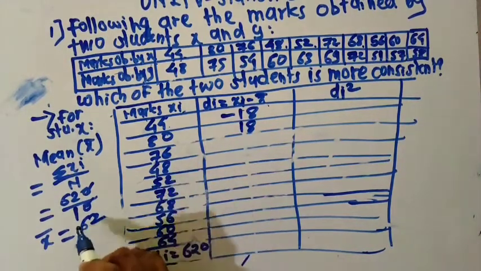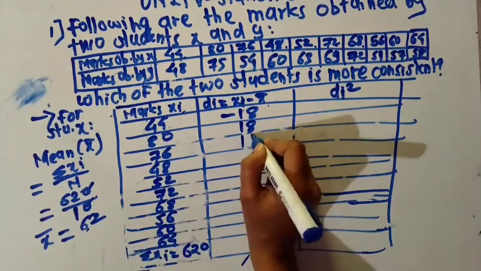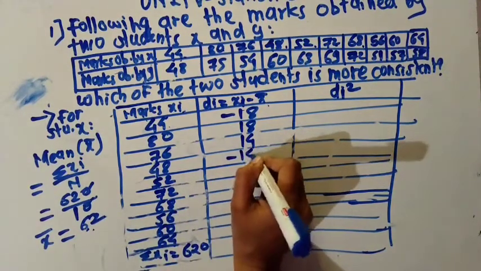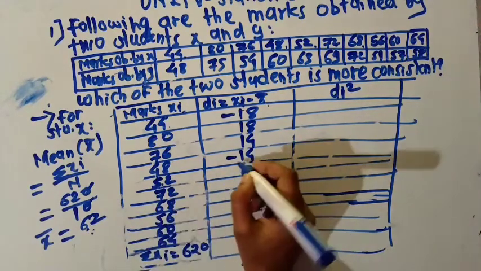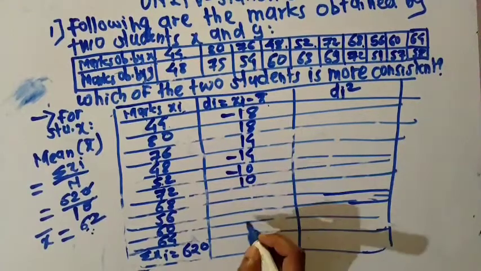Then 76 minus 62 is 14. Then 48 minus 62 is minus 14. 52 minus 62 is minus 10. Then find all the values.